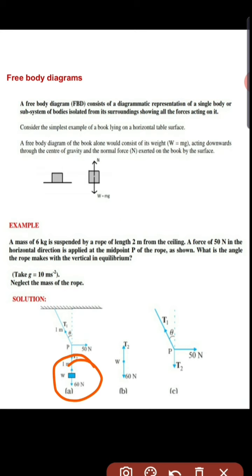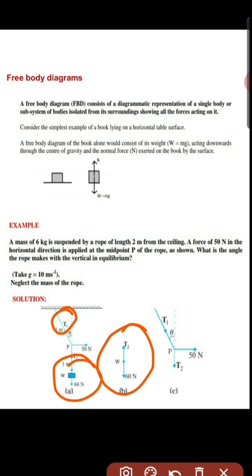That is represented as tension T2, and T1 is already marked here. So we have two tensions, T1 and T2. The two forces on the 6 kilogram object are represented by this diagram, the free body diagram of that object: 60 Newton downward and T2 upward.